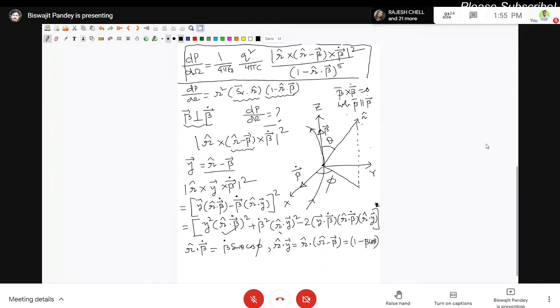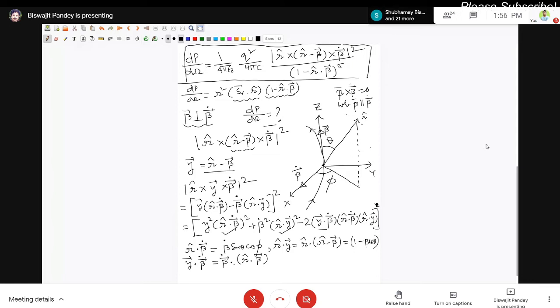This one is also done. So we have another two terms, right? This one, another term, y cap dot beta dot. This two is already done, r cap dot beta dot, r cap dot y. So what is that? That is basically beta dot. In the dot product, I can change the order. Beta dot into r cap minus beta.